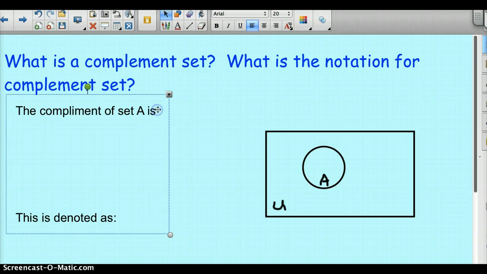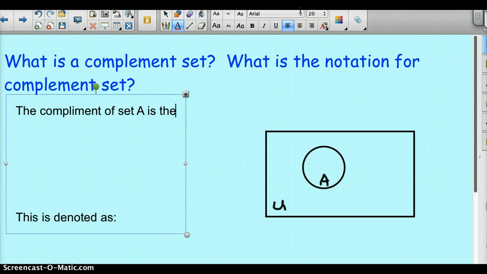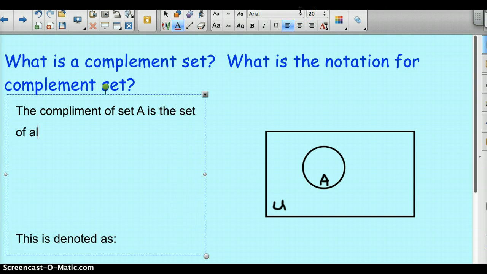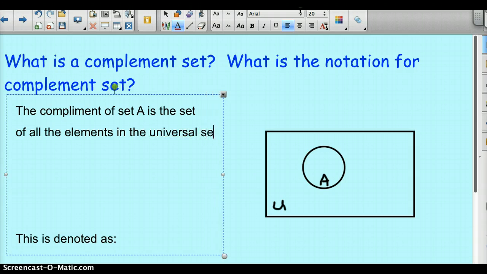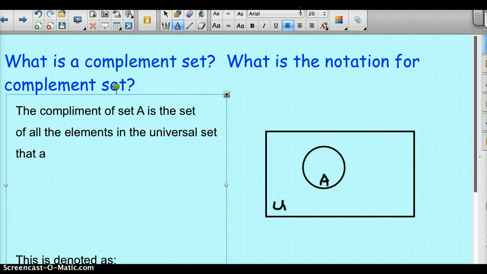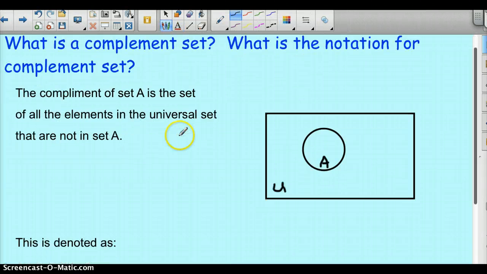A complement set is the set of all the elements in the universal set that are not in set A. Now, we denote this a certain way, so you're going to have to know how this is denoted because this is how I'll ask it on a test.